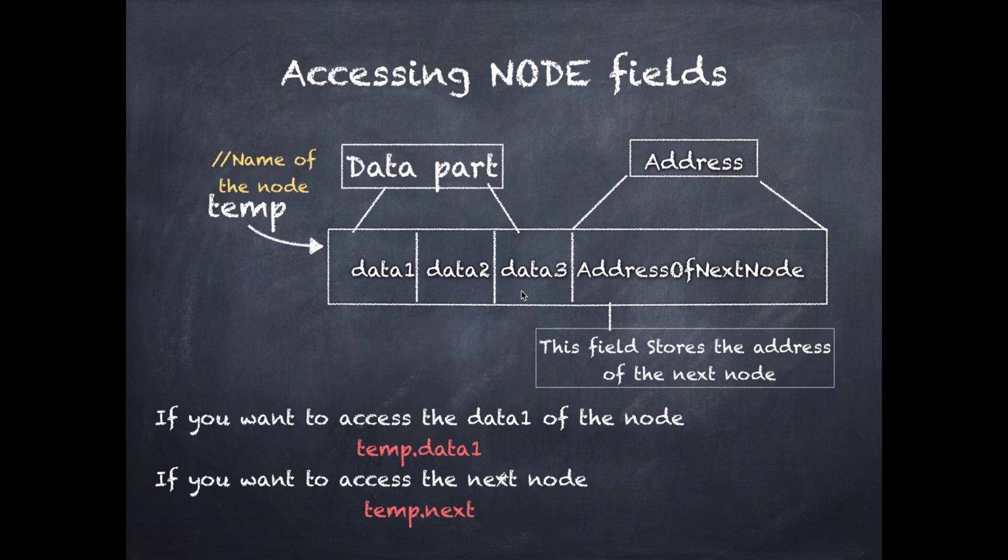If you want to access data 1, this is how you can access it: temp, that's the name of the node, dot the field that you are trying to access. If you want to access the next node, then you have temp dot next. Hope this is clear how to access the node fields.